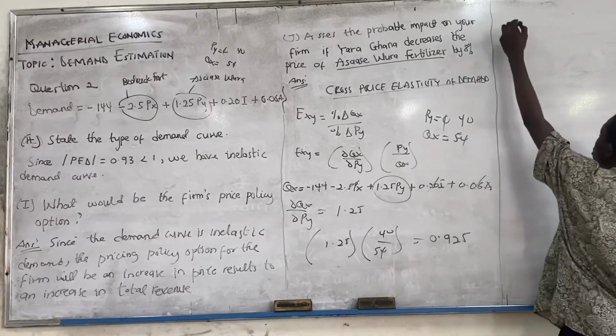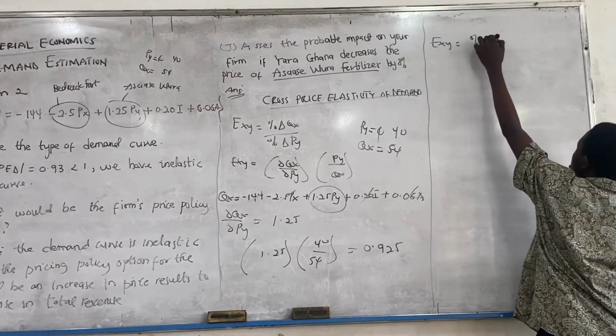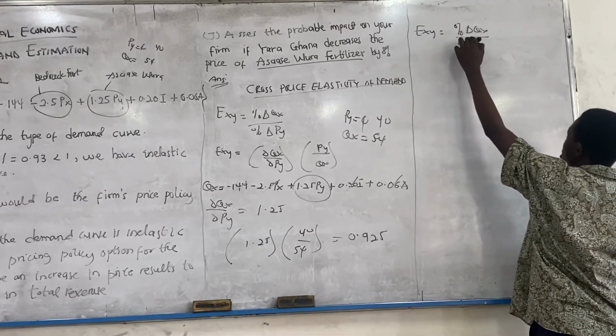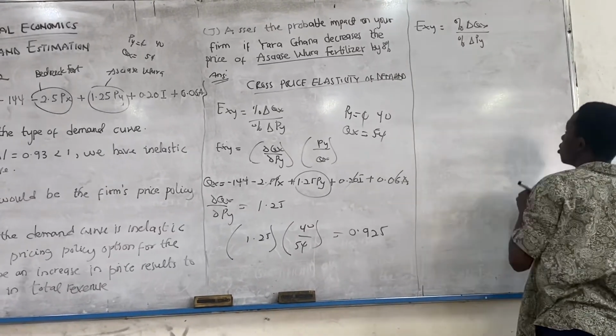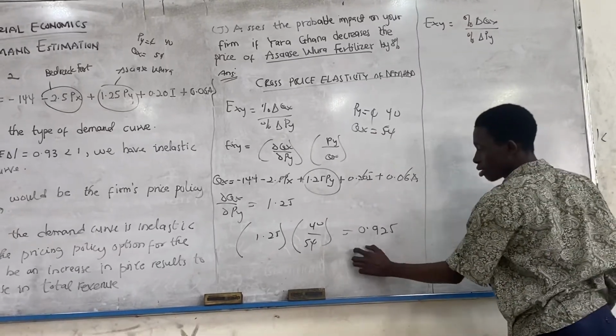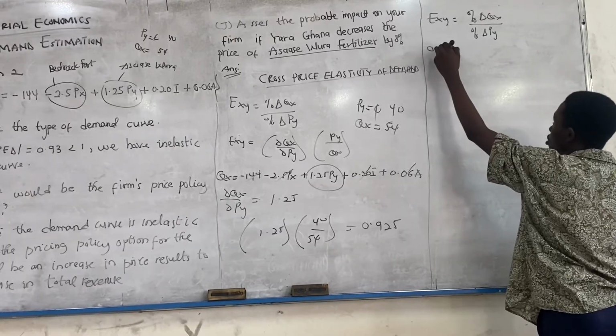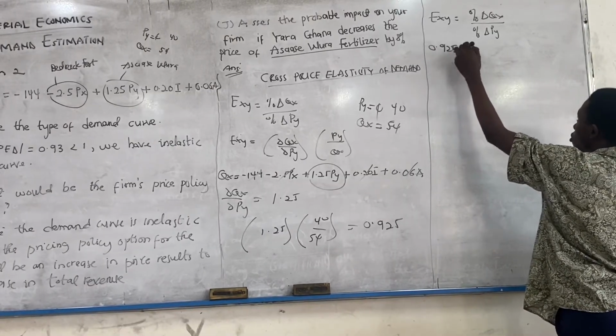So we now have the cross price EXY, the proportionate change in QS over the proportionate change in PY. So with this, the EXY is what we have here, 0.925. So EXY is 0.925. Okay.